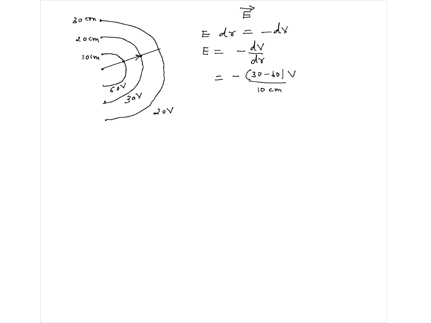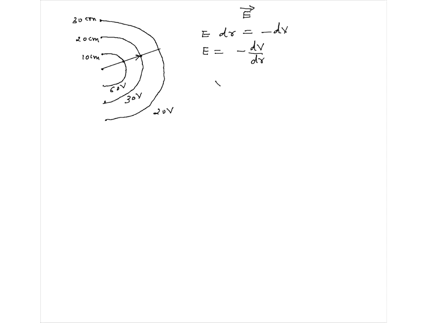Then how do we do it? We try to see some pattern. When R is 10, potential is 60. R is 20, potential is 30. R is 30, potential is 20.